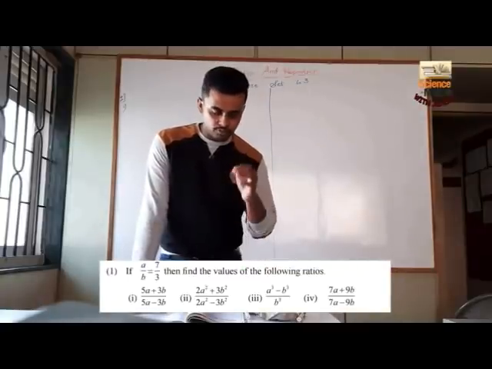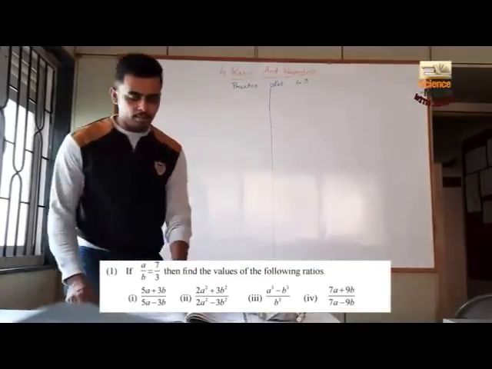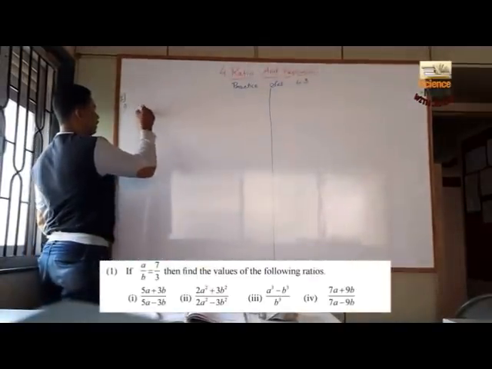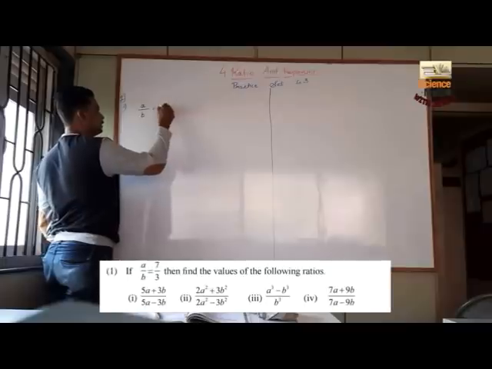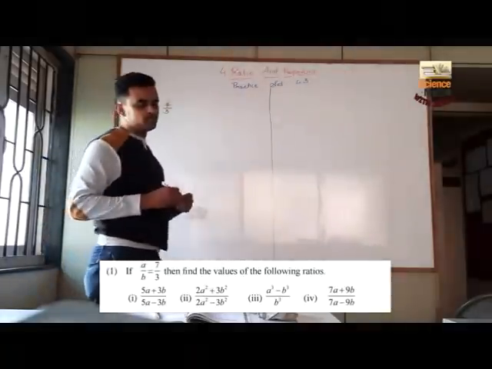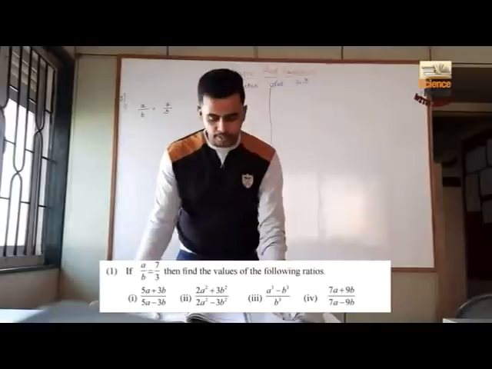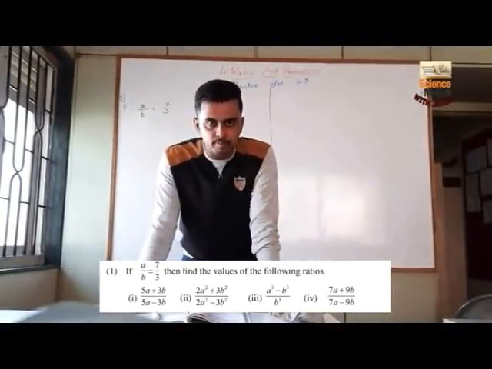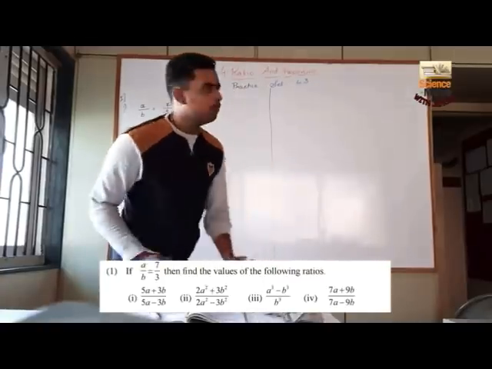To find the following ratios, first thing that we are given is a upon b is equal to 7 upon 3. This is what we are given, and what we are supposed to find is 5a plus 3b upon 5a minus 3b.